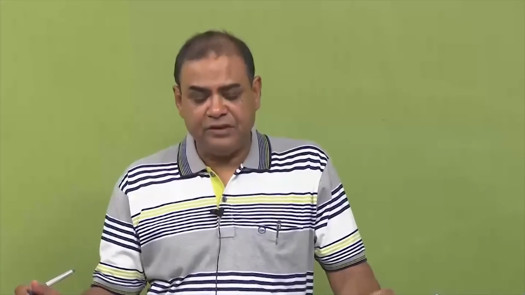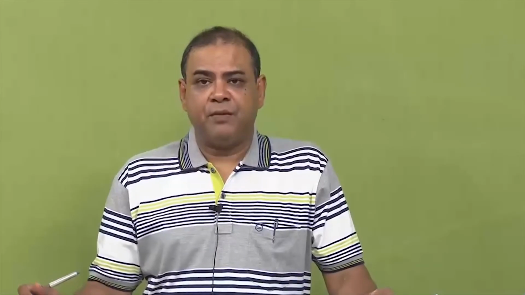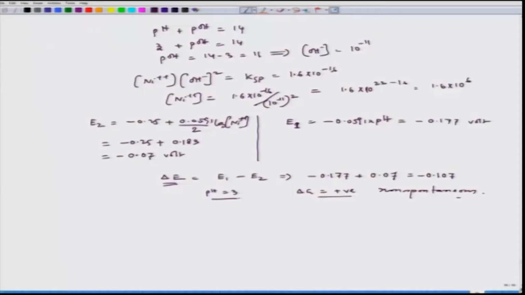That information can be obtained from a particular diagram which is called pourbaix diagram. This pourbaix diagram is nothing but a plot between pH and potential.